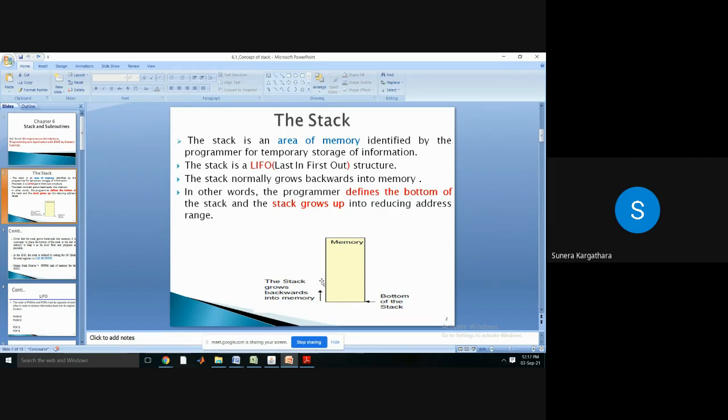Right? So if you are writing something onto the stack, whatever you store in RAM will be from up to down, and whatever you are storing onto your stack is from down to up.